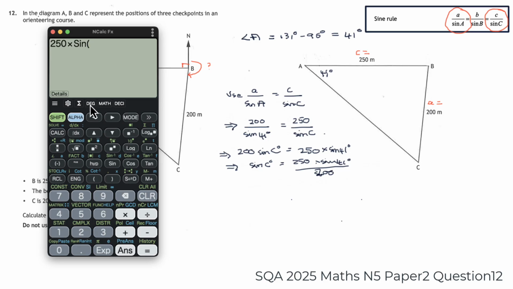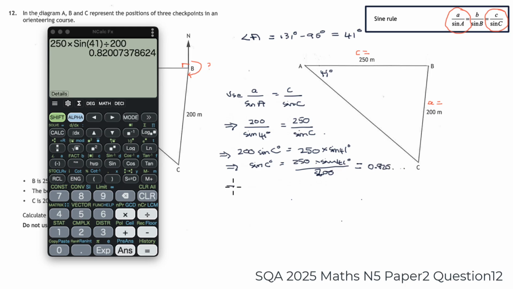You should see a deg or a D on the display to tell you that you're in the correct mode. So assuming you're in the correct mode, then we put in 41. Close these brackets, so that's the top line, and then we divide by 200. And that calculation gives us this figure here. So that's 0.82, and so it goes on.